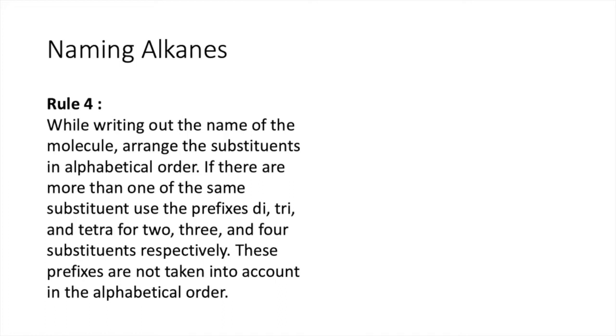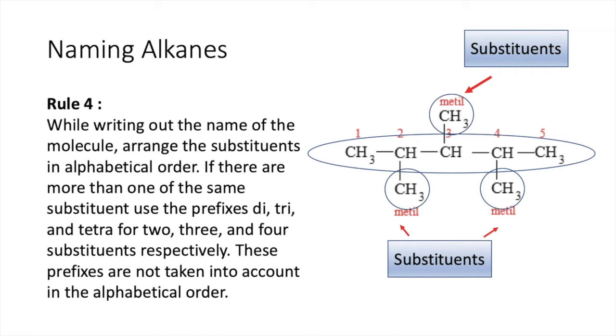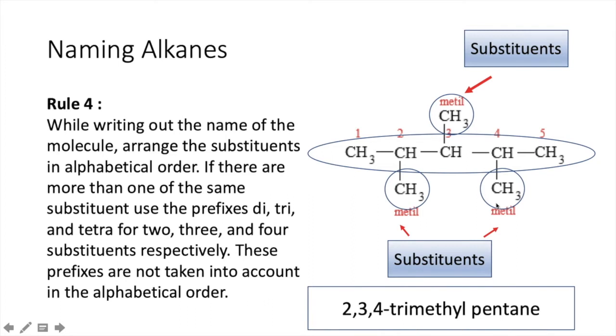These prefixes are not taken into account in the alphabetical order. Because it has 3 methyl substituents, we can name it 2,3,4-trimethylpentane. Pentane because it has 5 C.